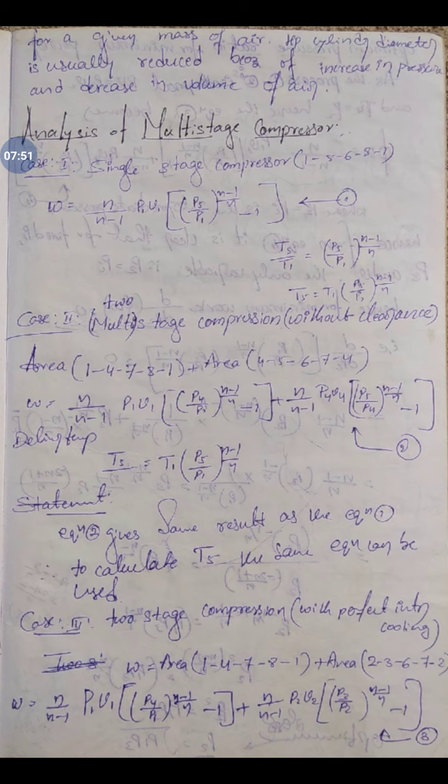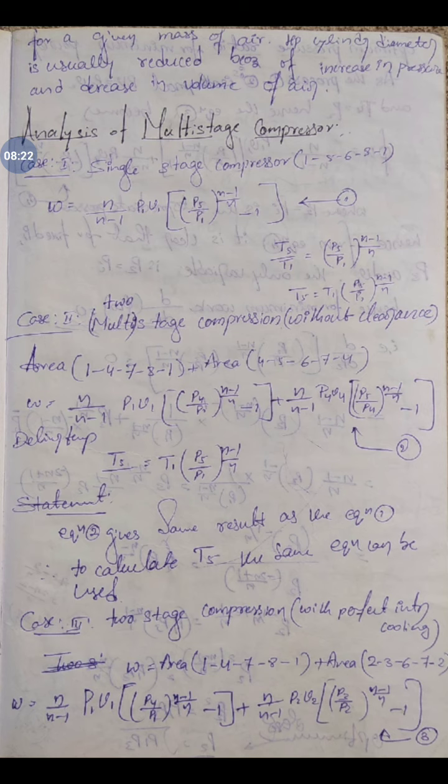So in both cases, case 1 single stage compressor and case 2 two-stage compressor without cooling, we get the same delivery temperature T5. Let us take this as equation 2. Equation 2 gives the same result as equation 1 to calculate the temperature T5, that is the delivery temperature of the air. So the same equation can be used.